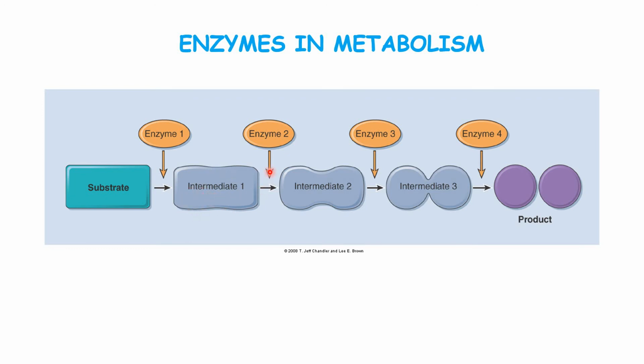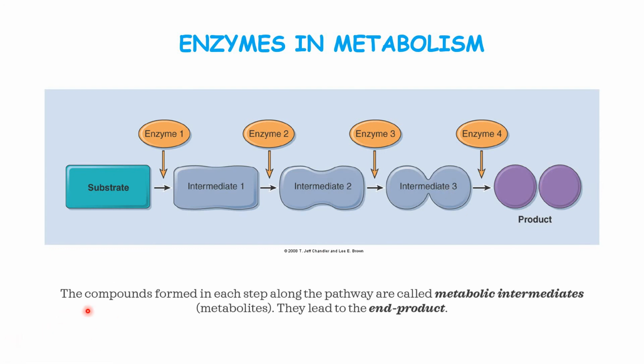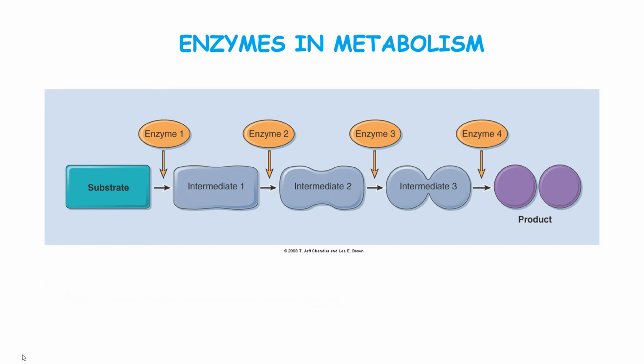And then, after naman nung first metabolite ma-form, it's going to be processed by the second enzyme, and so on until the product is produced. So the compounds in each step along the pathway, these compounds are what you call as metabolic intermediates or metabolites. And this product right here is what you call as the end product. Now, how many enzymes did we use in total? We have 4 enzymes.